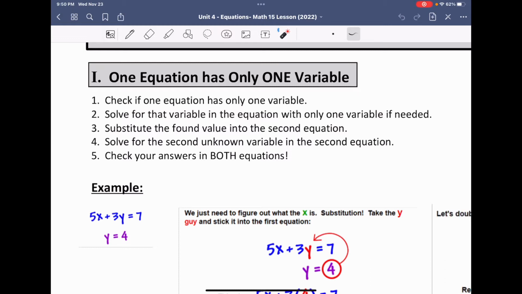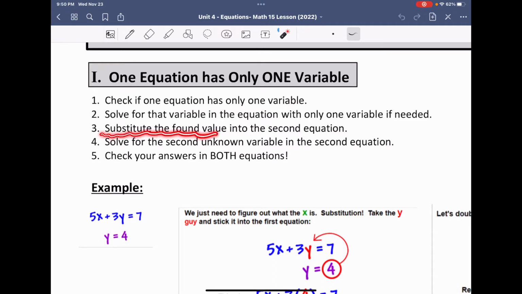Okay, so the steps to solve these are, first, we have to check if one equation has only one variable. In this case, if we look at the example below, we would see that equation 2 is that equation. Now, we want to solve for that variable in the equation with only one variable, and in this case, it's already solved for. So when they say "if needed," they're saying that if this wasn't already isolated, we would want to isolate it.